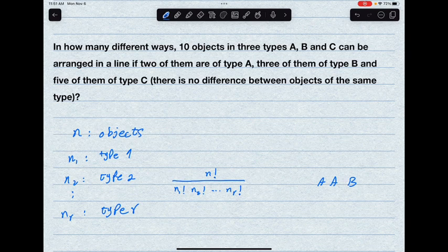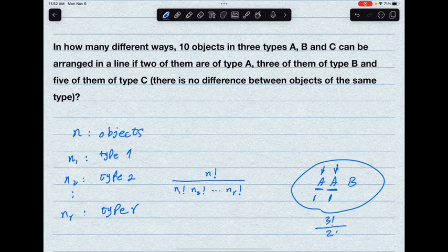If this one is the first A and this one is the second A, there is no difference between putting the first A here and the second A there, or the second A here and then the first A. There's no difference between these two, and we must eliminate this repetition from the counting. So instead of 3 factorial, it's actually 3 factorial divided by 2 factorial, which is 3 different ways we can put these A's and B.